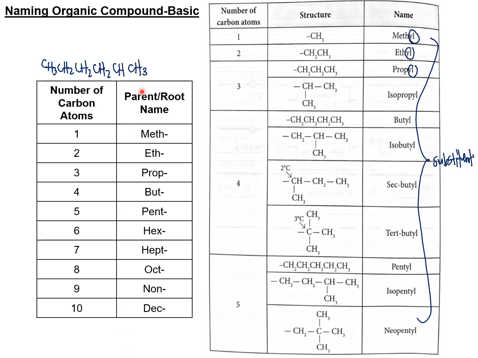On this carbon we put a substituent that has only one carbon atom, which is CH3. Therefore, the way you name this substituent is methyl. If there are 2 carbon atoms in the substituent, this is the parent and this is the substituent. If it has 2 carbon atoms, CH2, CH3, it will be ethyl. If there are 3 carbon atoms as the substituent, CH2, CH2, CH3, then the name will be propyl.